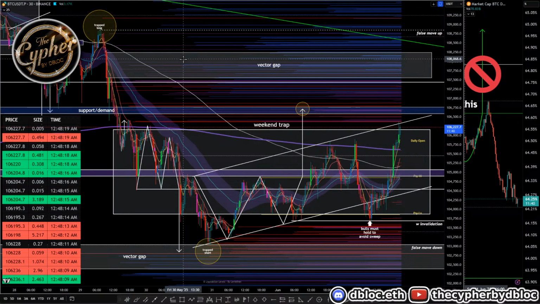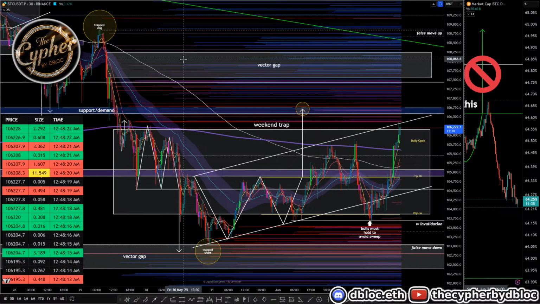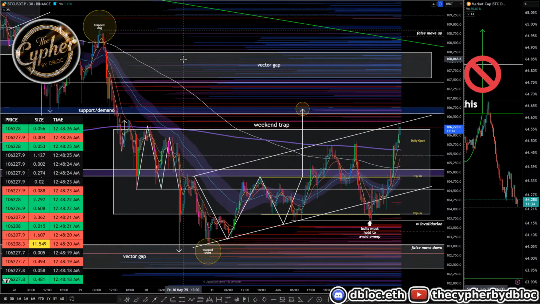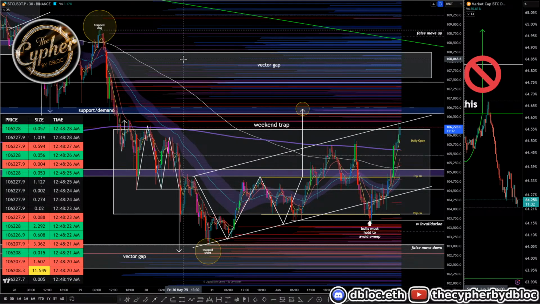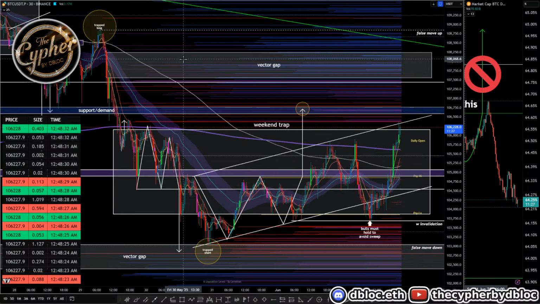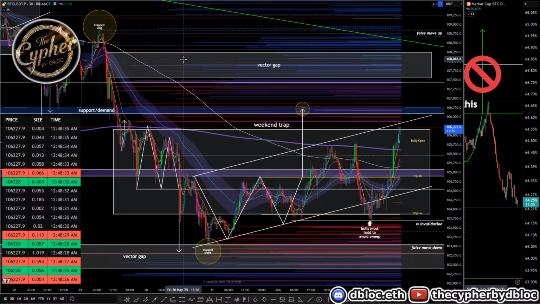So this gives you an idea. Then we still have risk to here. We don't have risk to here on this way because we're past that time, but we do still have it over this way unless we continue to make higher lows.